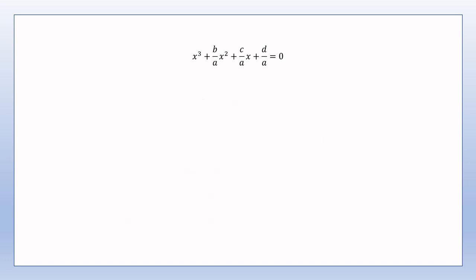In the case where the cubic equation has only a single real solution, then we can't obtain a full factorization of the cubic, at least as far as we're concerned in this video. So we can only obtain a partial factorization, such as x minus p times q of x is identically equal to x cubed plus b over a x squared plus and so on, where q of x is a quadratic with no real roots, in which case the only real solution to the cubic equation is x equals p.